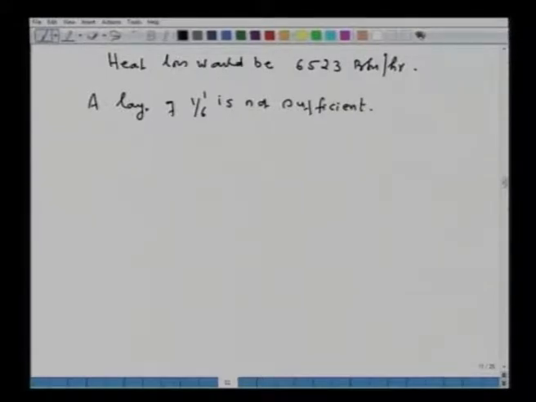It is not sufficient on the argument that the heat losses are much less than the heat remaining inside. What will happen? It will raise the temperature of the inconel cylinder, and hence the reaction will not be carried out at the desired temperature. So, a layer of 1/6 feet is not sufficient to carry out the reaction at the temperature mentioned in the problem.